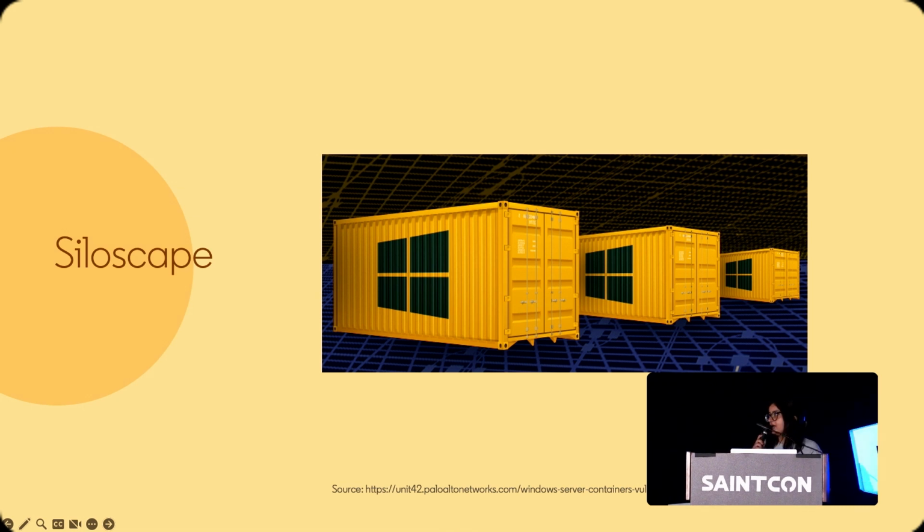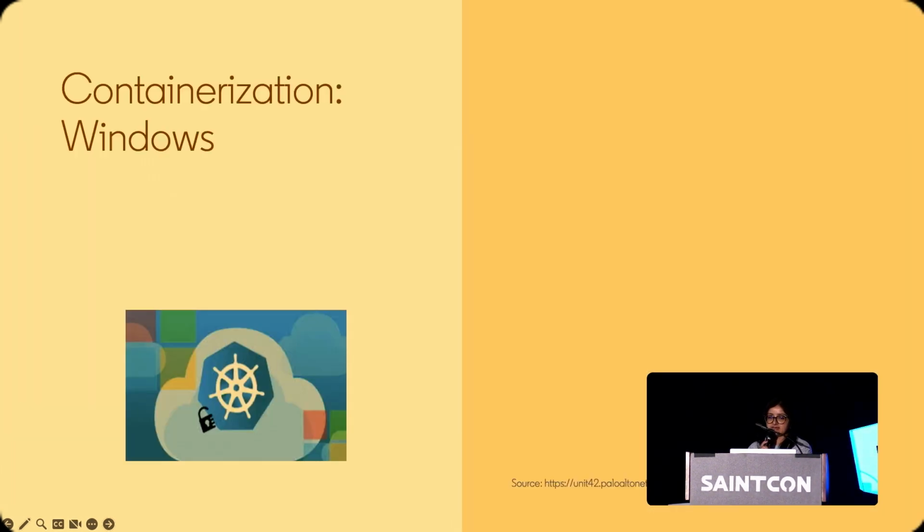Now let's talk about our next attack scenario, which is Siloscape. Siloscape is a heavily obfuscated malware that actively targets Windows Server containers in the wild. So before going into the details of this particular attack, let's try to gain some context on how Windows implements containerization.